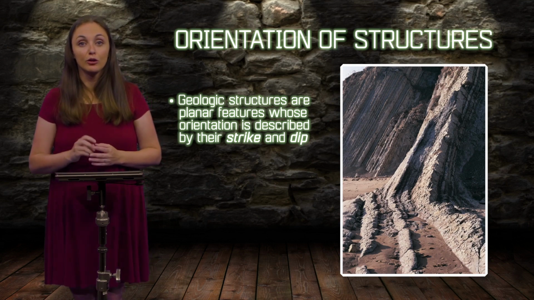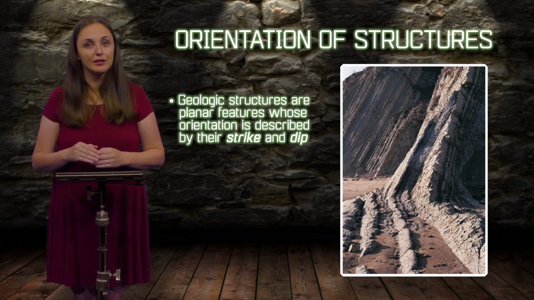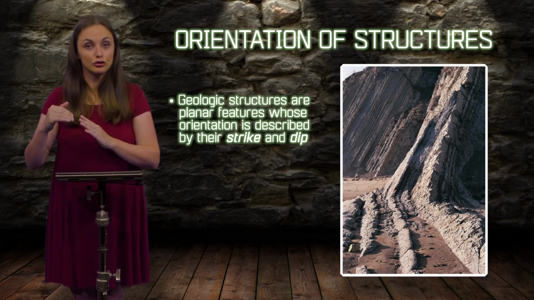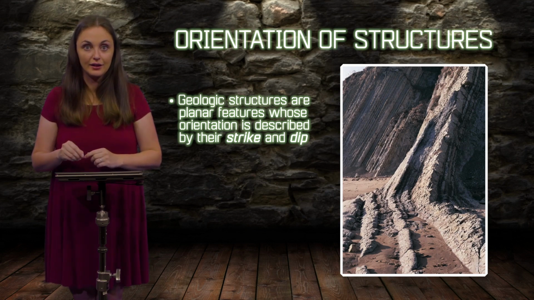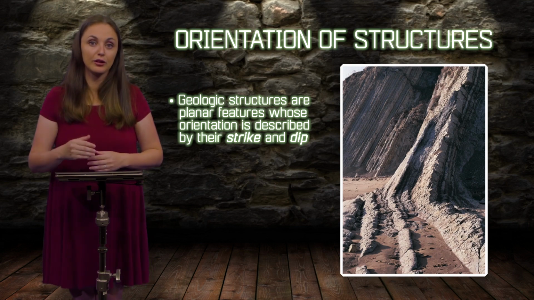So you could be driving north along this road and drive right by all these layers of rock. That means that the rocks themselves would have a strike. That line that the rocks make with the surface of the Earth, that strike line, would be a strike of roughly north-south, or 0 degrees on a compass.